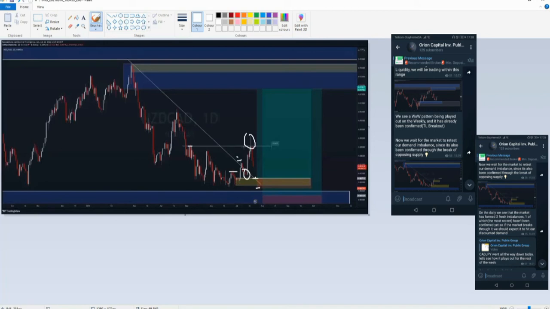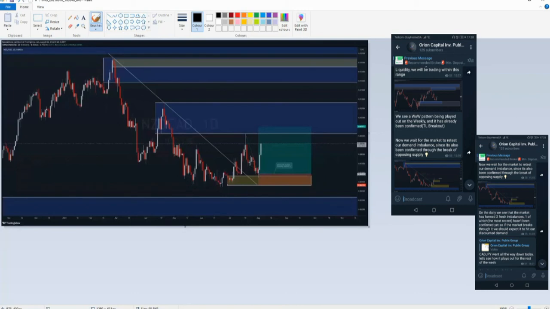I was also aware that the market could reach for a discounted level, that it could go into this higher time frame demand area, which is why I placed my other limit order over here. Now let's see what happened next. The market broke this area over here, and then we got our push to the upside.